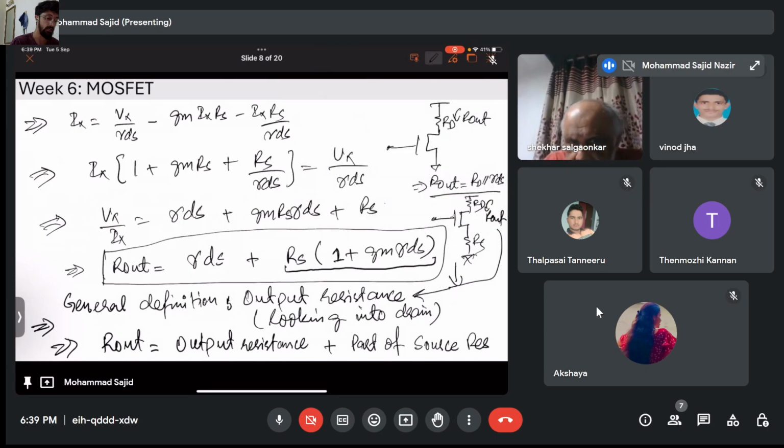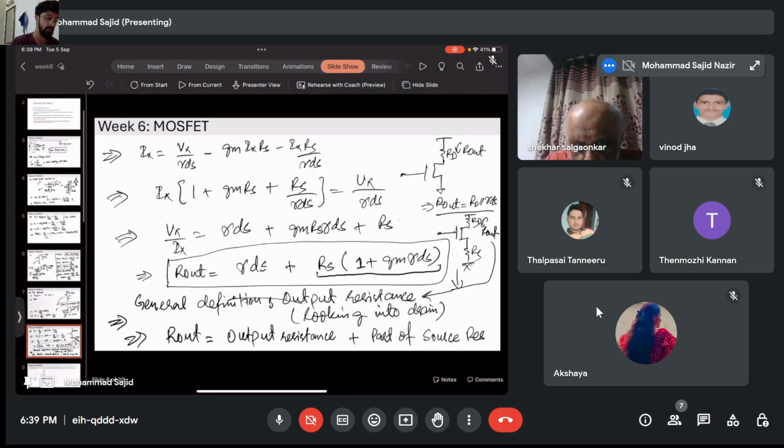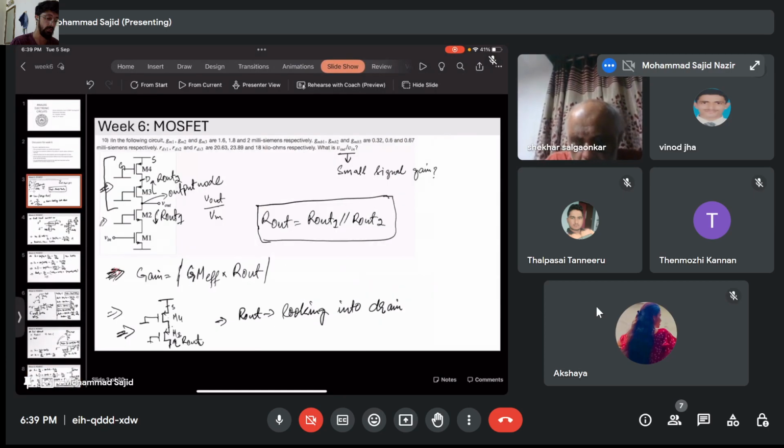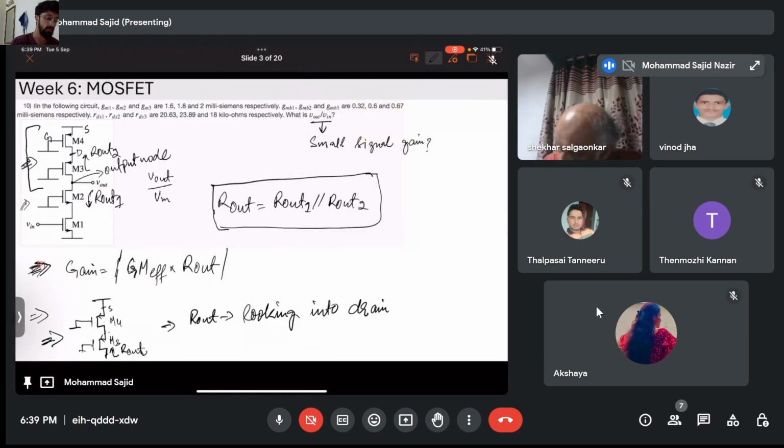So if this is understood, we can now directly solve our previous question. Can you tell me how we will solve this now? You can calculate R out 1. We will take M3 as our main transistor, and the resistance of M4 will be treated as source resistance.